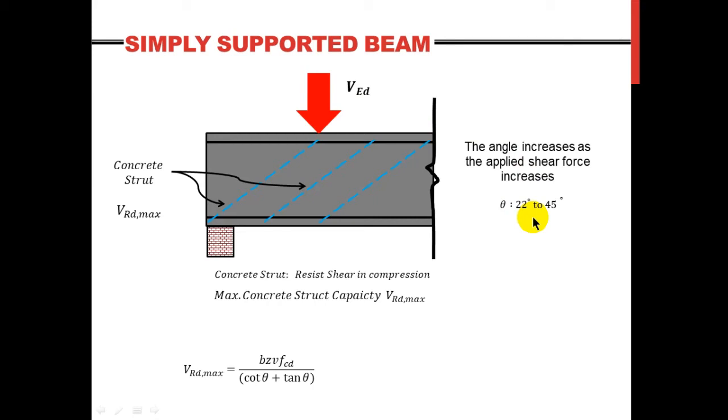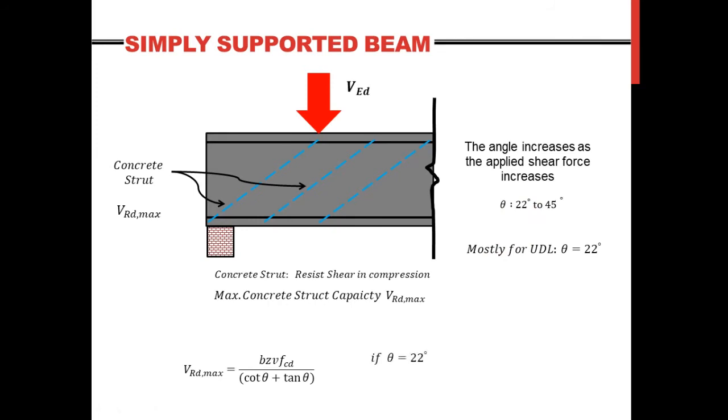Fortunately, in most cases concerning loads in the form of UDL, theta would be taken to be 22 degrees. So, increasing the VEd would also mean an increment of the theta. 22 degrees happens to be just the fine angle for the concrete strut to resist the second type of failure.